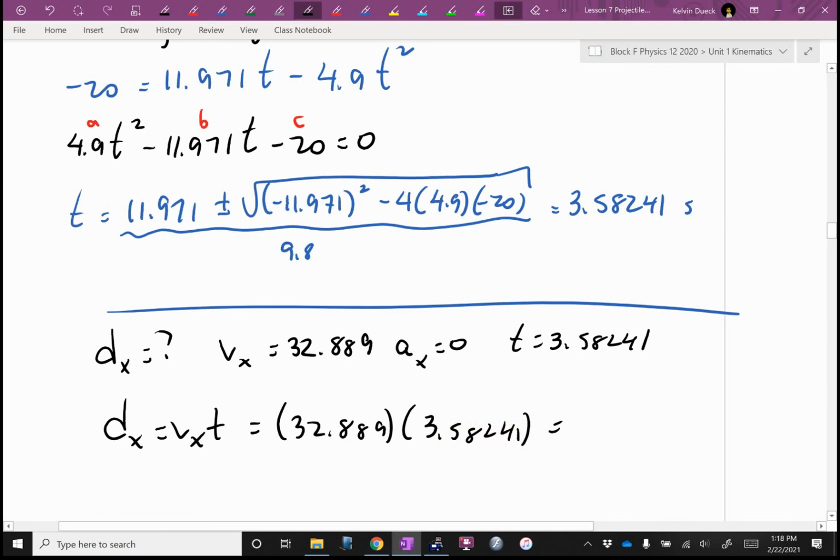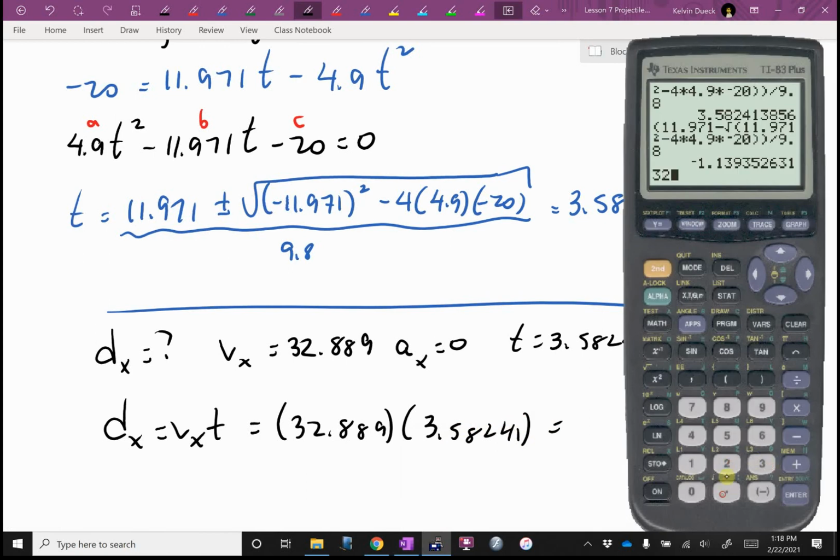I'm using my answer button. Oh, I can't use my answer button because I got a different answer here. So I'll have to go 3.58241. 117.8, 118? I hope. No? Yes?